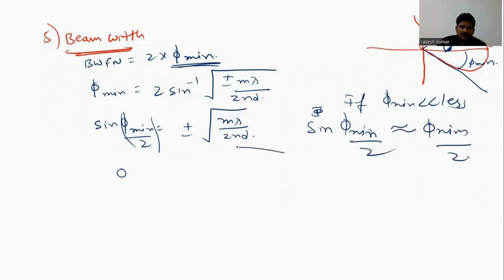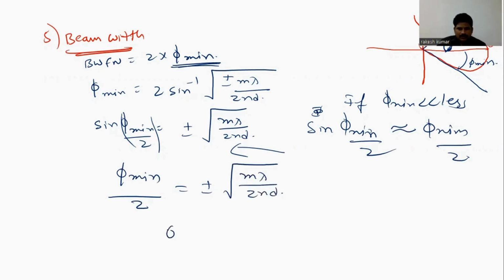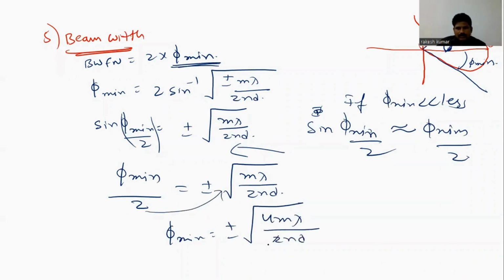Therefore, substituting here, instead of sine of phi minimum by 2, I can replace with phi minimum by 2 is equal to plus or minus of m lambda by 2nd. Therefore, phi minimum is equal to plus or minus root of 4m lambda by nd. So this is the result.